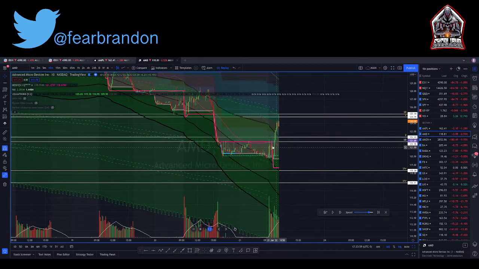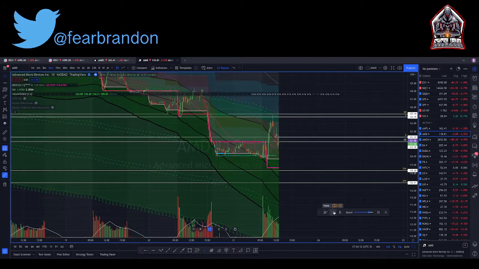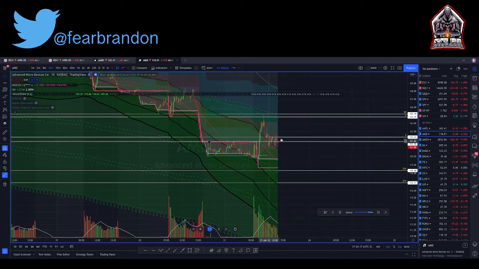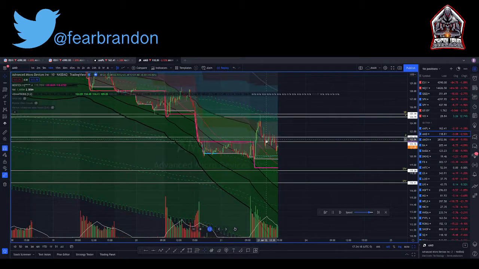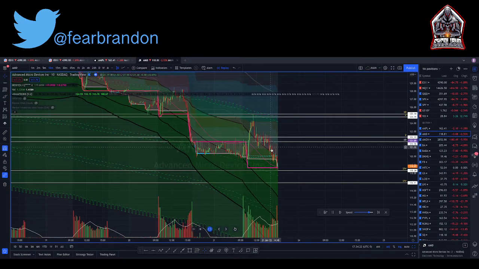Where we kind of rejected. We saw the initial rejection. We saw it rendered down. That would have been a nice time to get in on this variance right here. Rejected. We consolidate around this 125 area, but there's liquidity around here. There's either people buying or starting to sell for it to drop down.